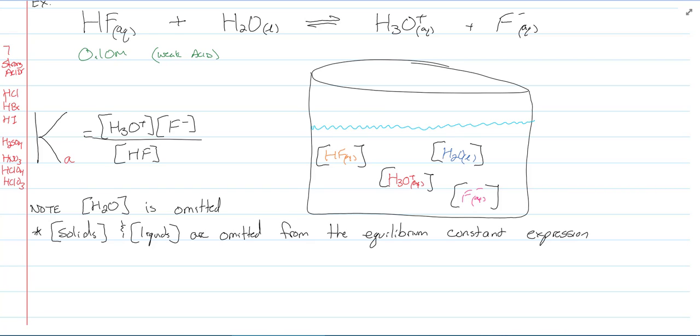Gases do expand, and when things dissolve, they spread out to fill the container, and their particle per volume ratio changes. But if I add more water to this example with HF, all I'm going to do is lower the concentration of these 3. I'm not really changing the concentration of water much. So we just ignore solids and liquids in the equilibrium constant expression.